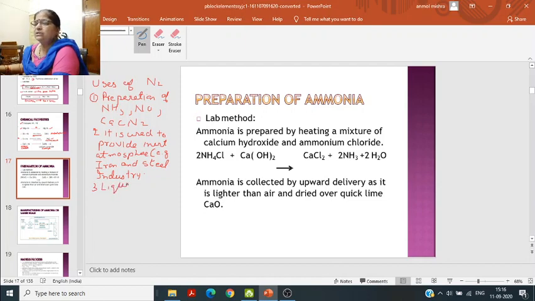Liquid nitrogen is used as refrigerant, and to preserve biological specimens. Next, it is also used in cryosurgery.